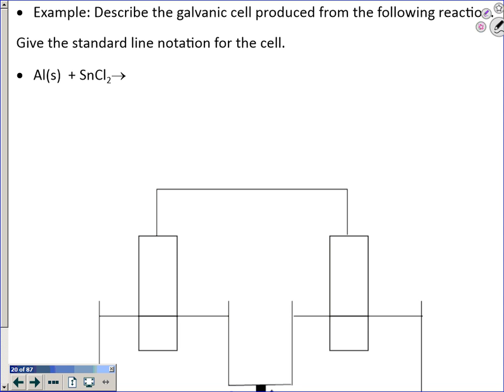And see if you can predict, given that it's a galvanic reaction, what products will be produced here.